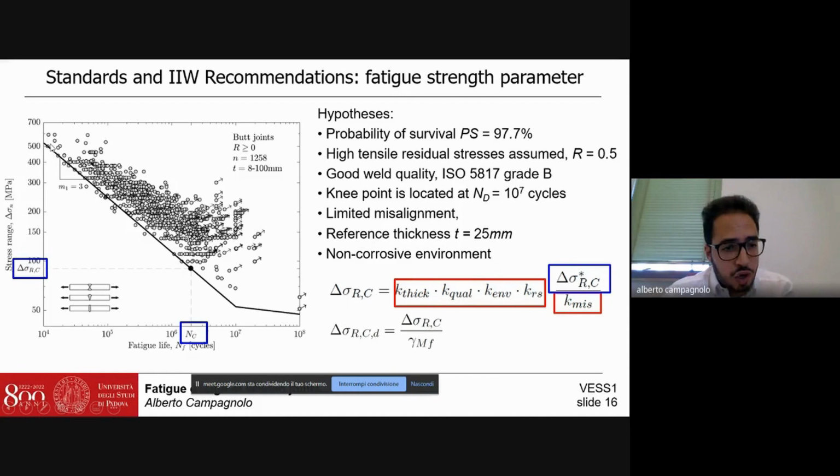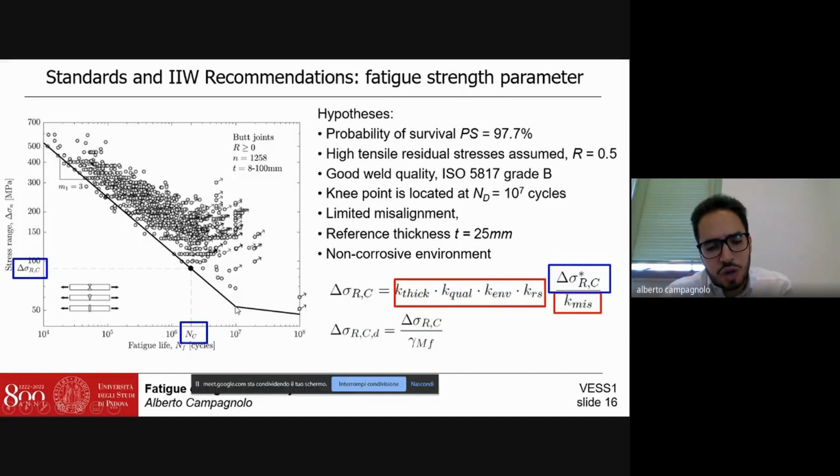And this inverse slope is valid starting from 10,000 cycles up to about the knee point, which is fixed typically at 10 million cycles. After that, several possibilities are possible.